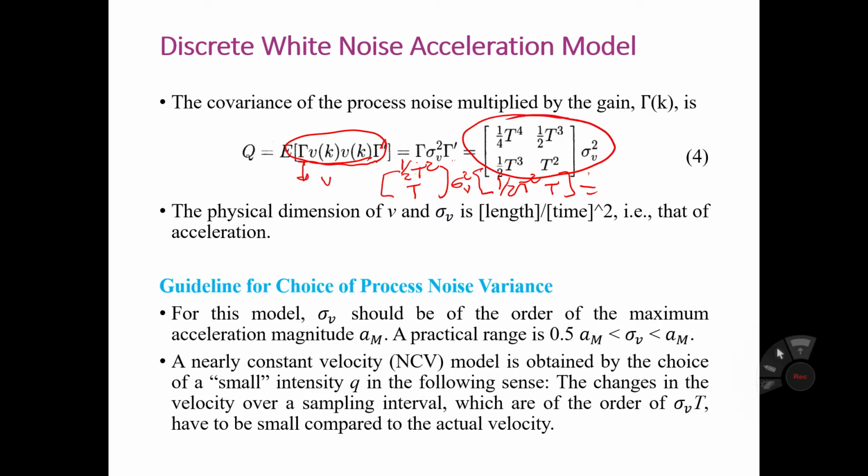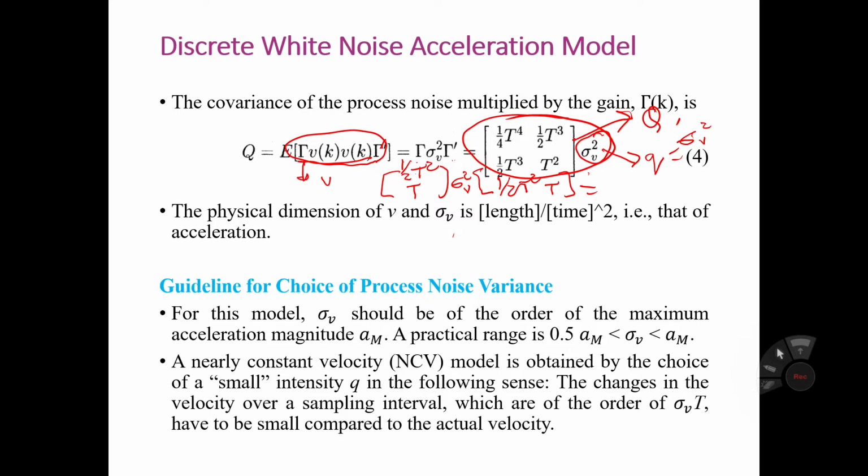So this is your covariance Q, where sigma v is the standard deviation. The physical dimension of v and sigma v is length per time square, that is, of acceleration.